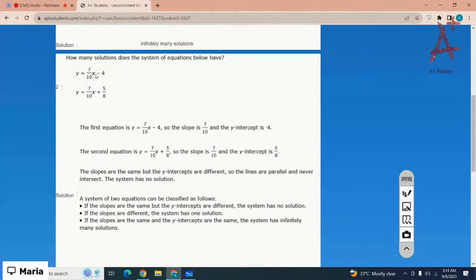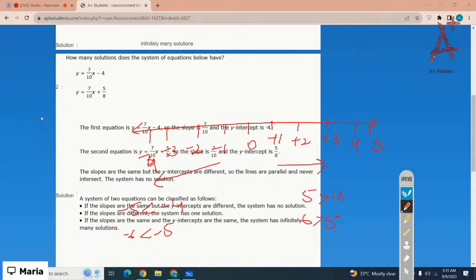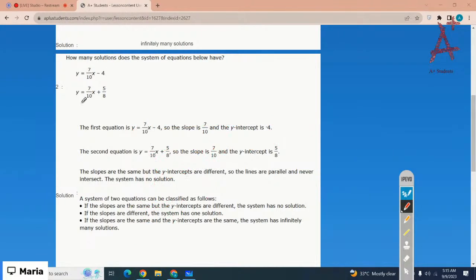That is y equals 7 over 10x minus 4 and y equals 7 over 10x plus 5 over 8. Just look at both the equations. They have the same slope, right? 7 over 10 is the slope of both the equations. You have to compare these equations to y equals mx plus b. m is the slope.